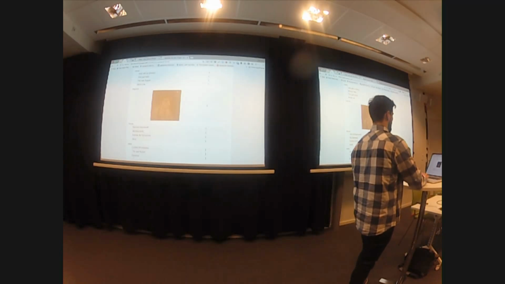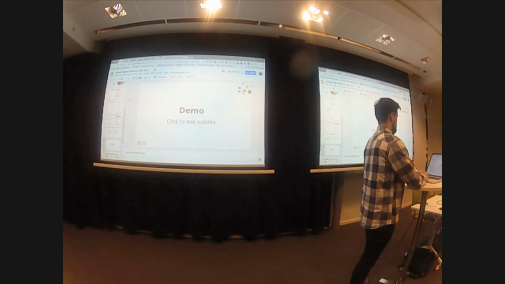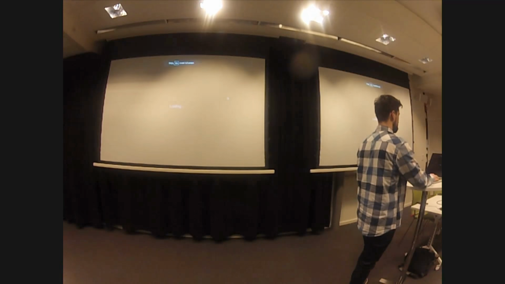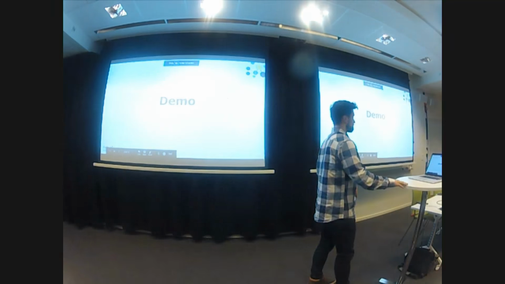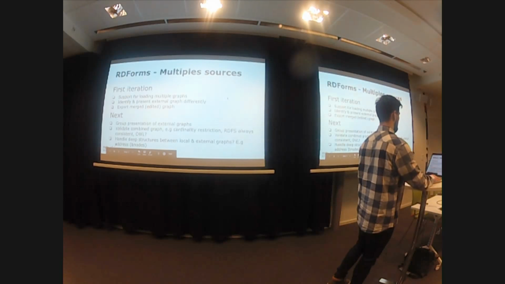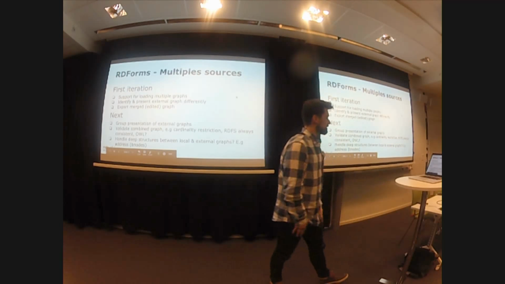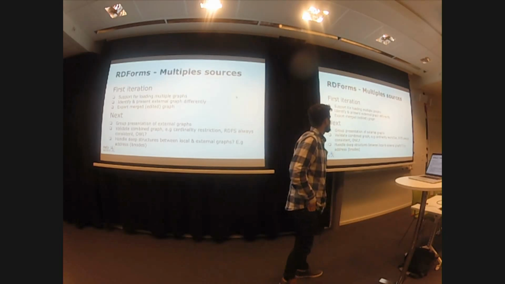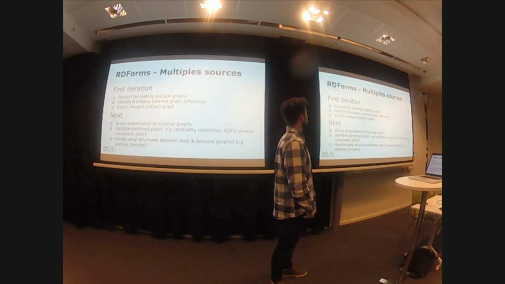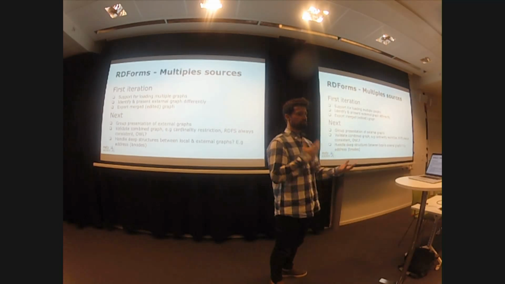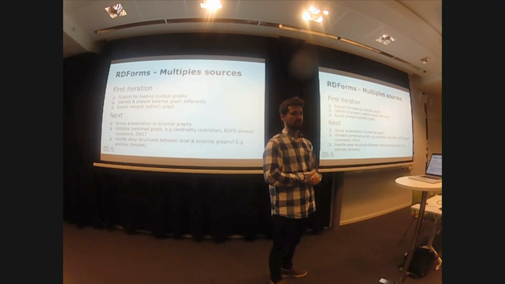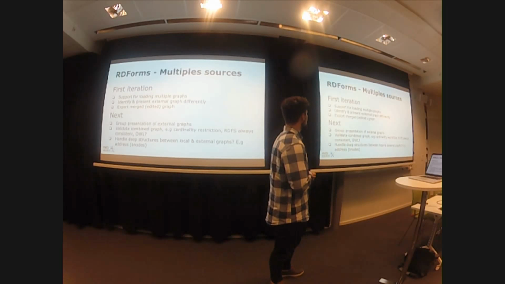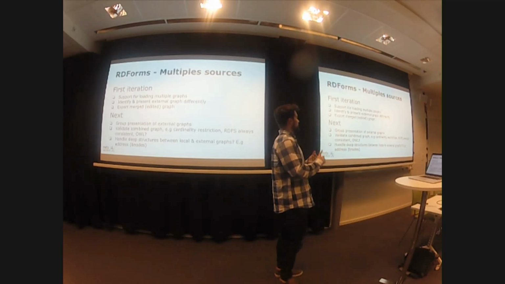So, let's get back to the presentation. We are here. Good. So yeah, that's pretty much it. The first iteration on supporting both local and external graphs in RDF forms. We manage that.